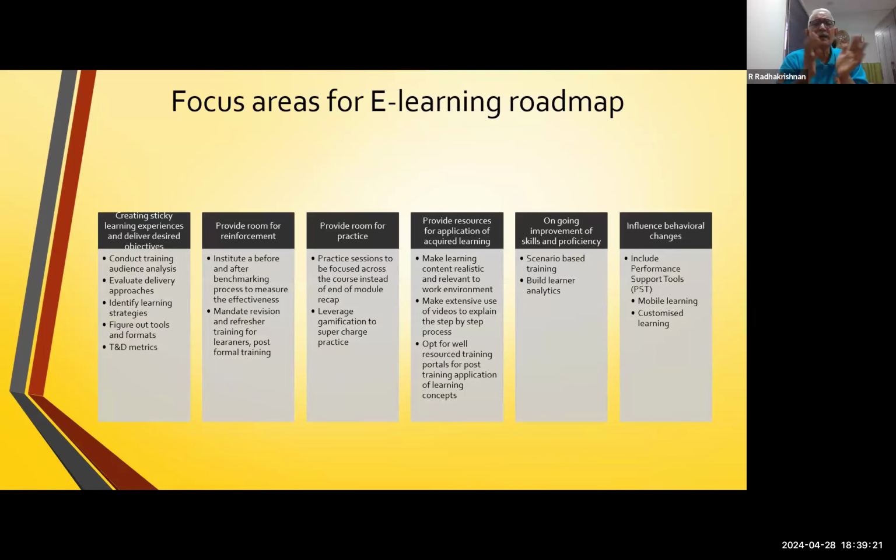Then you provide room for reinforcement. You have a benchmarking process to ensure the reinforcement in terms of learning. And then you provide room for practice. For the successful conduct of any e-learning program, you need to provide adequate room for practice.